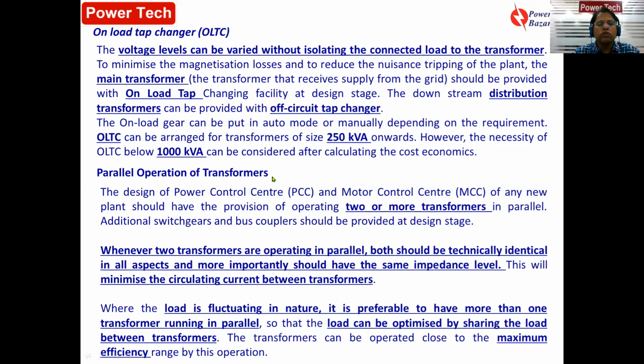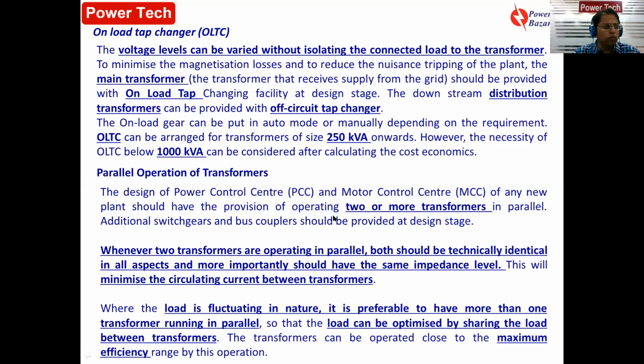As I told you, if the core loss, or the no load loss, is equal to load loss, or variable loss is equal to the fixed loss, then the transformer will be efficient. Now, if I load a transformer to a very high value, what will happen? It may not be an efficient operation of the transformer. Assume a condition, there are two transformers, both rated at 50 kVA each.